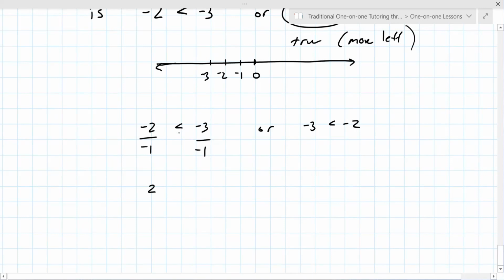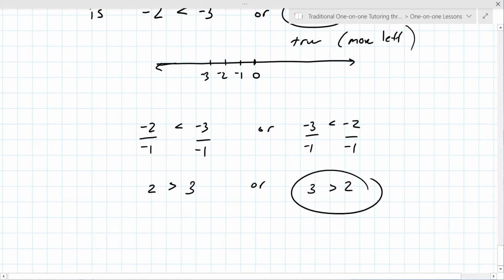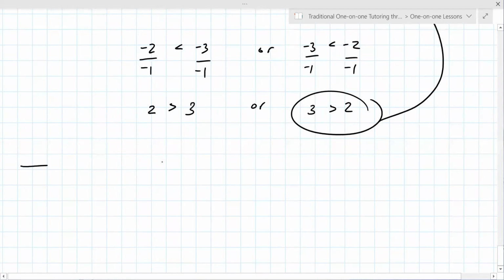This is less than, it becomes greater than. Or when you divide both sides by negative, is 3 greater than 2? So now which is true? Is 2 greater than 3 or 3 greater than 2? 3 greater than 2. Right. And that's consistent with what you said back up here. All right. So let's try another one here.